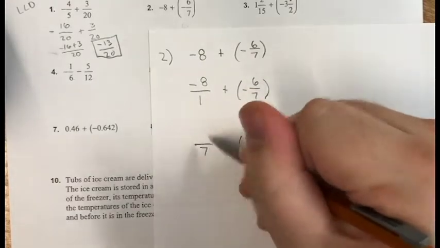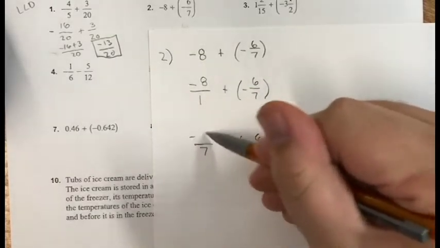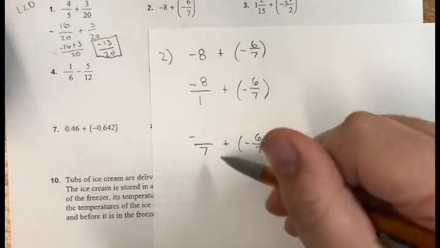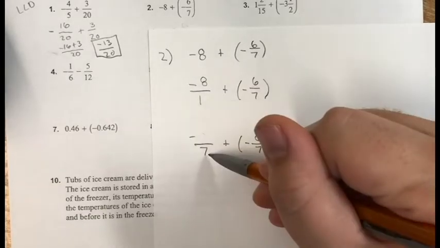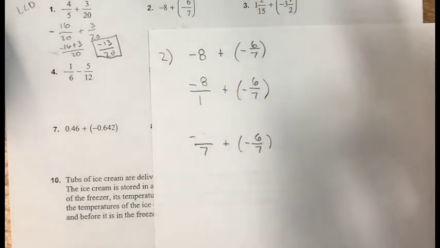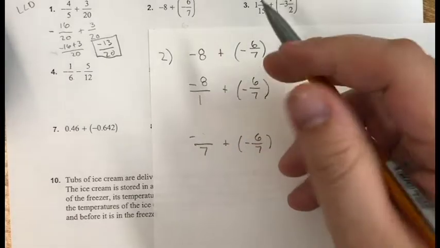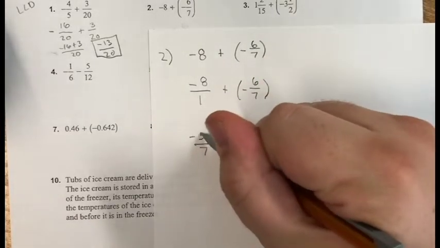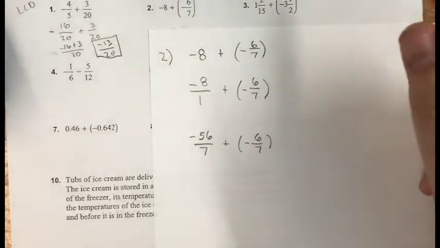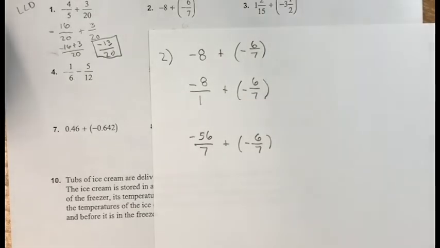And I've got to figure out what this number is. So what did I multiply that 1 by to get 7? Well, I multiplied it by 7. So 8 times 7 will give me 56. So now I have negative 56 over 7 plus negative 6 over 7. All right?